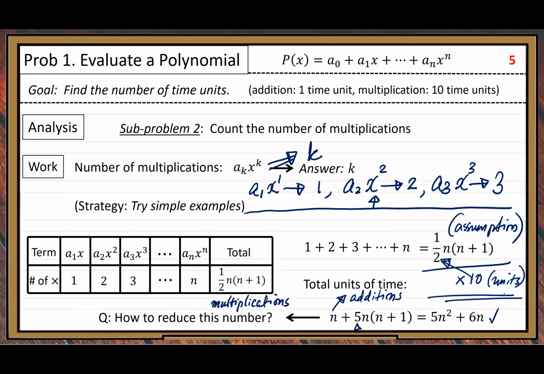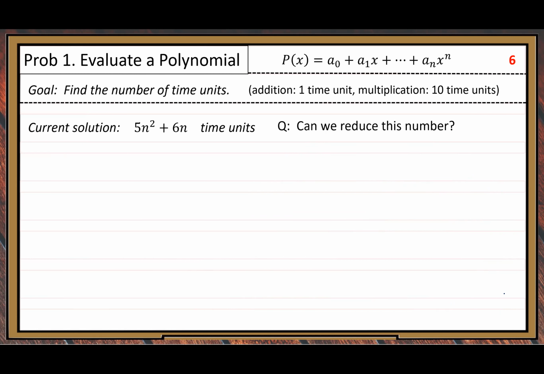The current solution is 5n squared plus 6n time units. Can we reduce this number? Not easy.